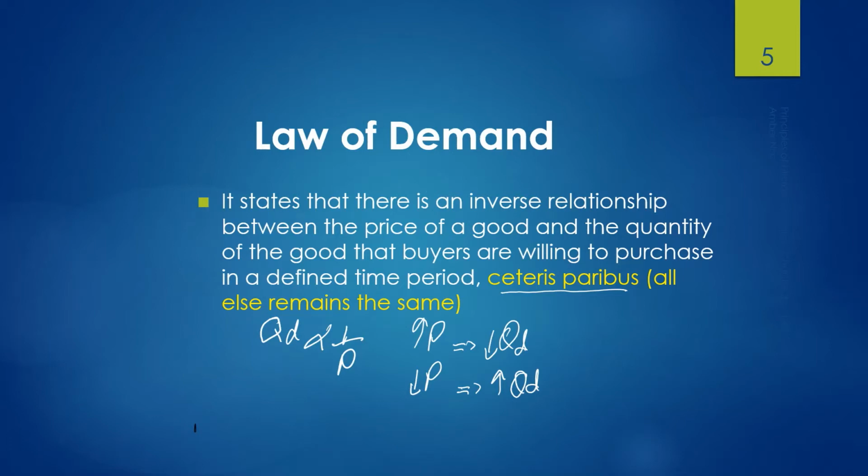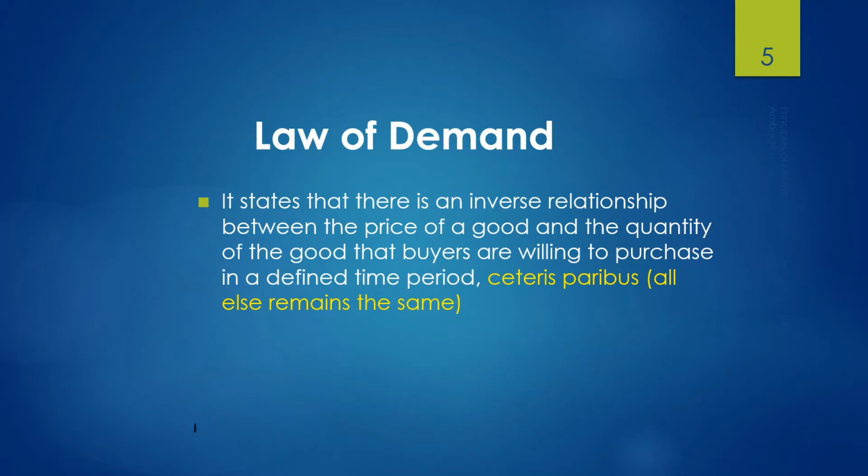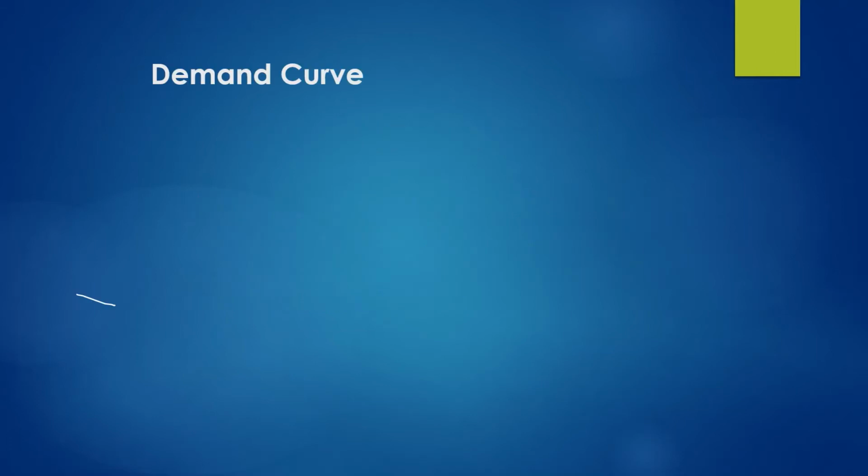Okay, so you just have learned how we can define the law of demand, which explains the nature of the relationship between prices and the quantity demanded. Now let us try to understand the working of the law of demand by using a numerical example.